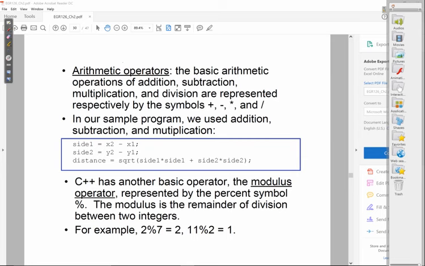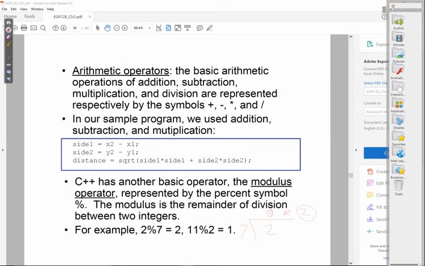My examples on the bottom here should illustrate how this works. 2 modulus 7 means you take 2 divided by 7, you get 0 with the remainder of 2. So the result of that operation is 2.